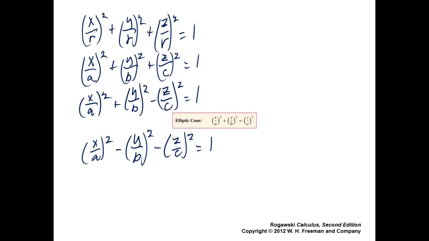Now, in this case, the odd man out, the one with the odd sign, plus, plus, minus, that's going to be your axis. Everything's going to go around that. So this would be a hyperboloid of one sheet. I've got to sneeze, I'm sorry.